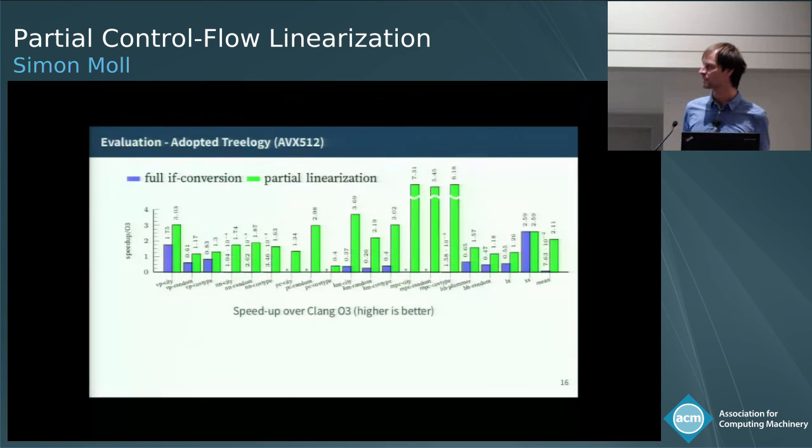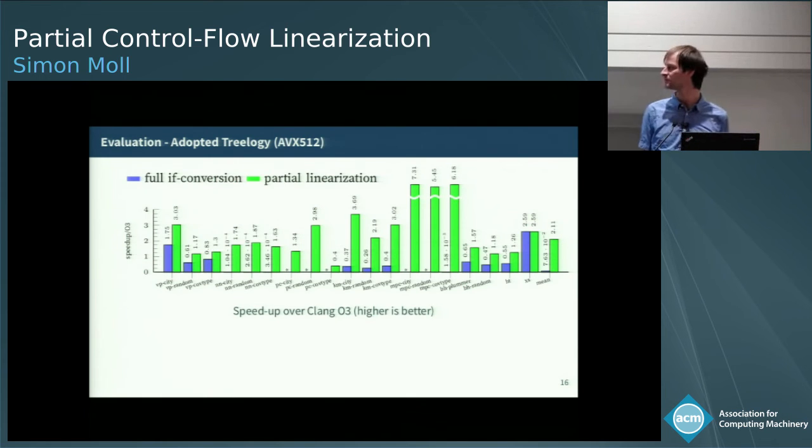And if we look at our results, you see we compare it to full if-conversion, since this is the basic approach that's implemented in LLVM and Clang. So the baseline here is Clang O3. So you just write this code, you run Clang O3, which includes an SLP vectorizer and LLVM's automatic loop vectorizer already. And we get an average speedup of 2.11x in this suite.